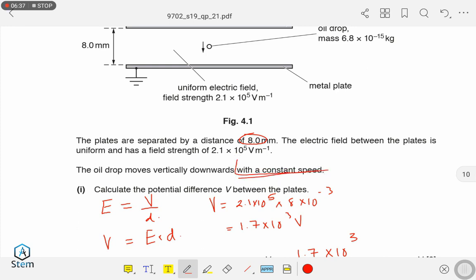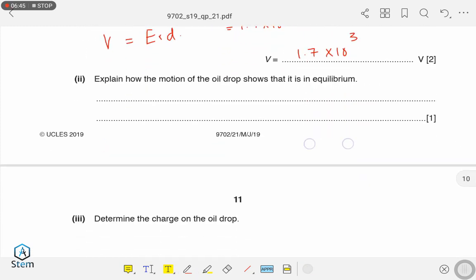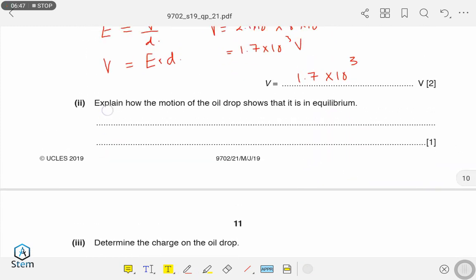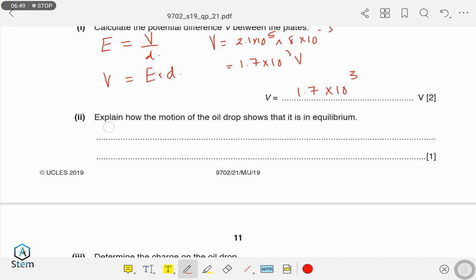When speed is constant, it means there is no resultant force acting on the oil drop. Therefore, it is in equilibrium. So we can say it is moving at constant speed.